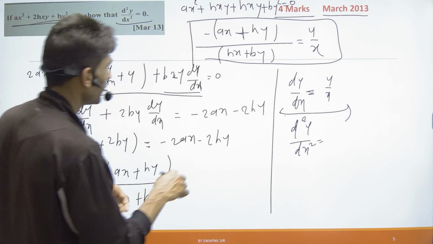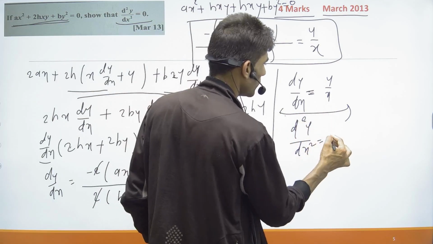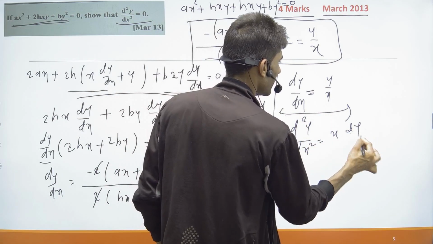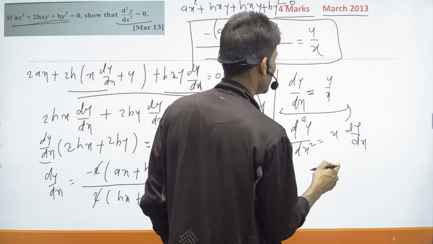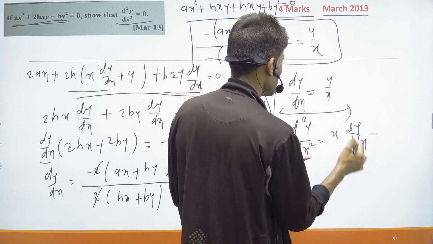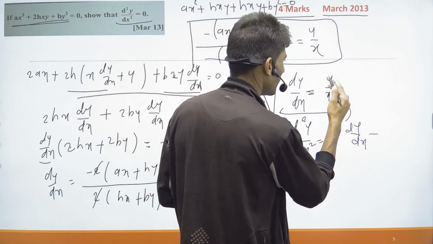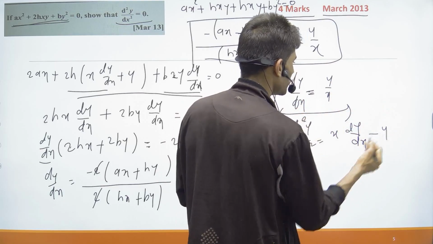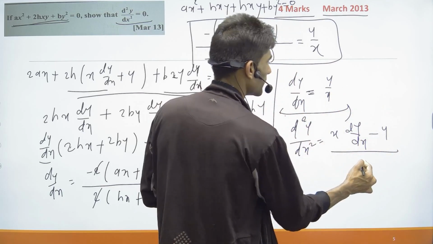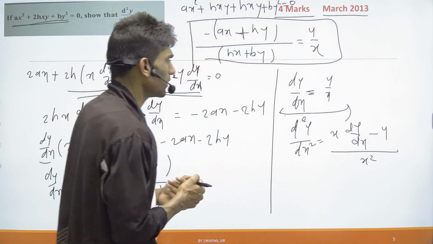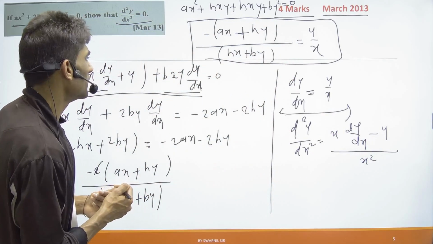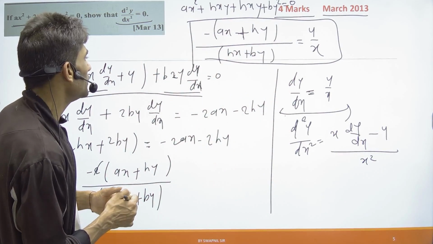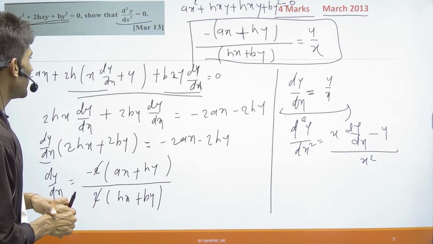We can go for the direct differentiation: v into derivative of u, x into dy by dx, minus u into derivative of v, y into dx by dx, which is 1, upon v square. That means we get x square here. So d square y by dx square is x into dy by dx minus y, upon x square.